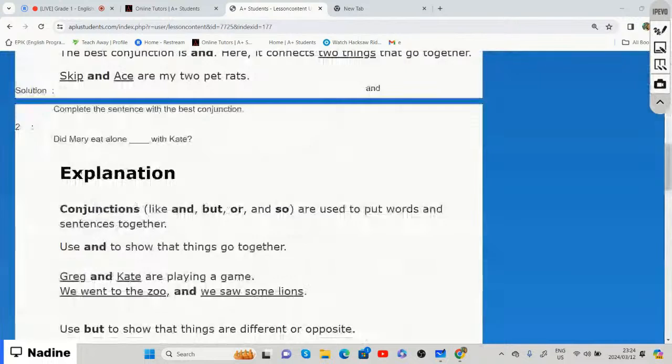Then it says, did Mary eat alone with Kate? So did Mary eat alone with Kate?